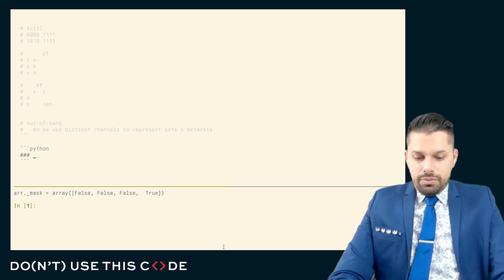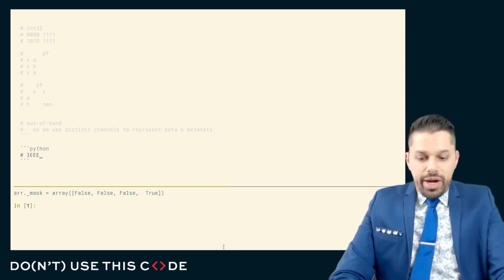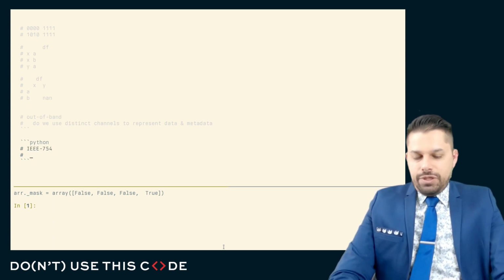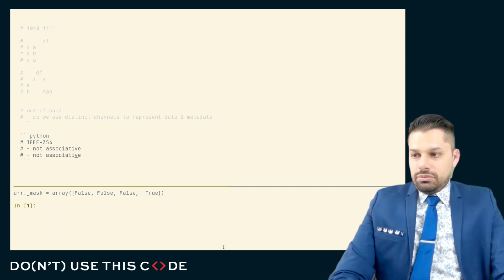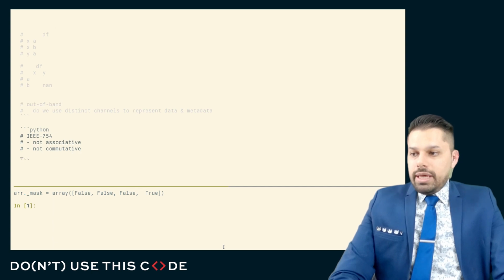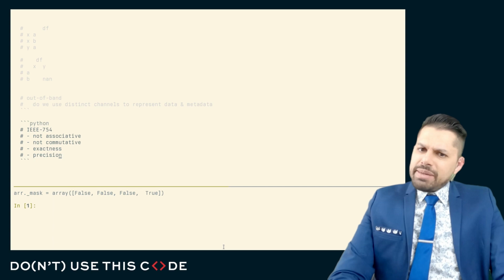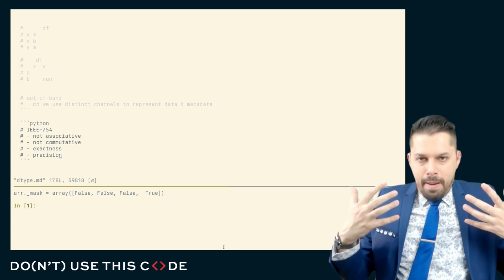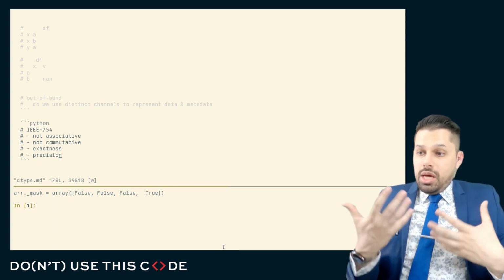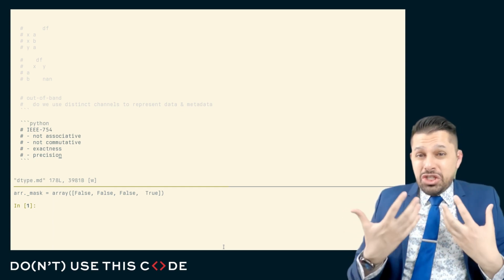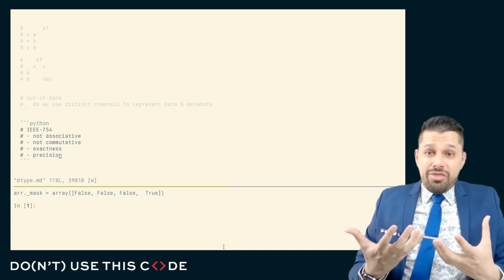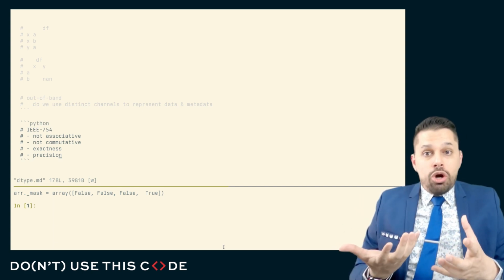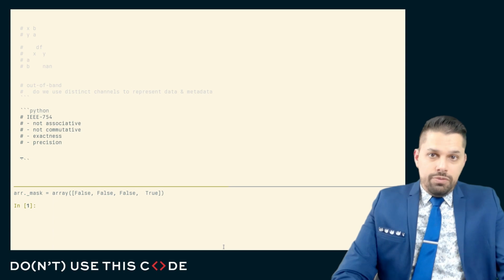IEEE 754 cannot be compared directly for equality because IEEE 754 is not associative, it's not commutative, and it has problems with exactness, and it has problems with precision. Or I shouldn't say problems. Of course, this is a very careful design in order to satisfy the needs of a very disparate set of users. But as a consequence, a lot of things that are just easy to do in integer math, in integer computations, become much harder in IEEE 754 floating point operations.